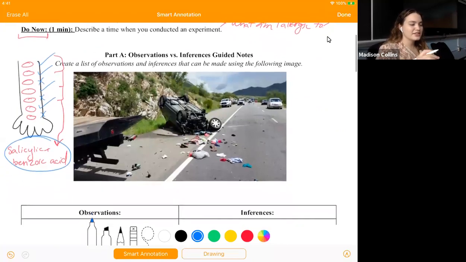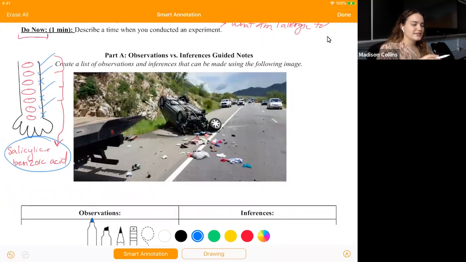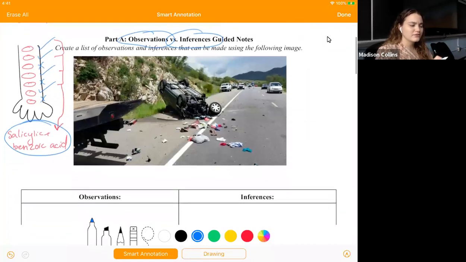Okay, so part of conducting an experiment is finding observations and inferences. Okay, so we're actually going to do that right now. We're going to look at this picture and we're going to write down some observations that we have and some inferences we can make because of that. So you might be wondering, well, what's the difference between observations and inferences?